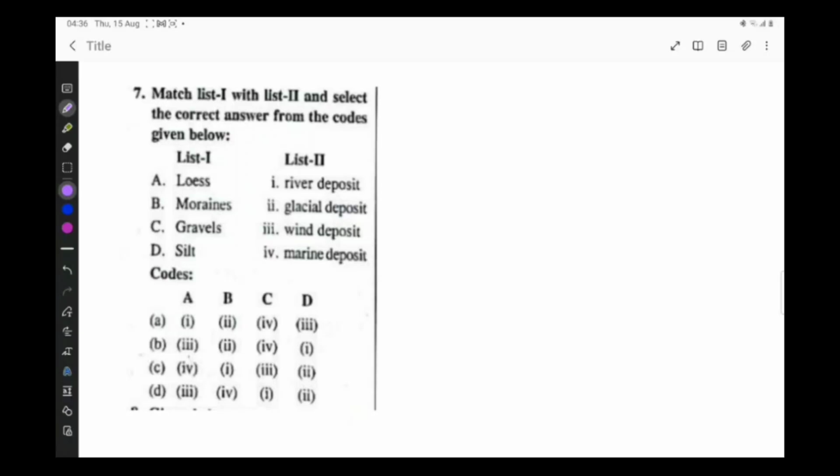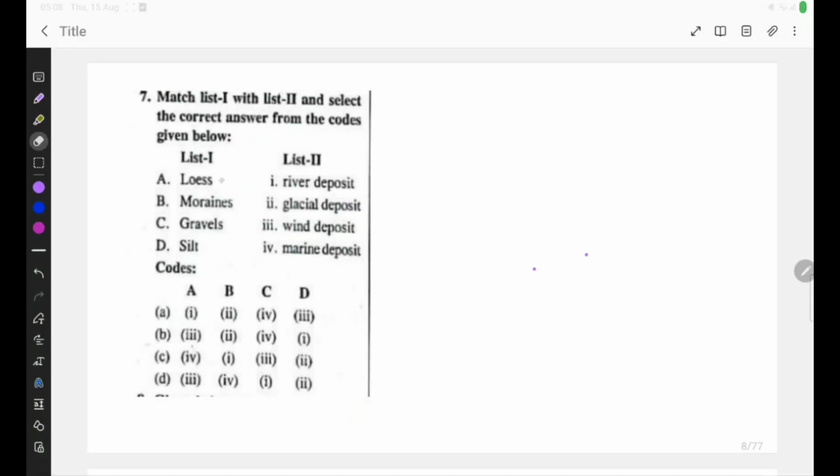Loess, moraines, gravel, silts. See, moraines, loess are wind deposits, moraines are glacial deposits, and gravels are marine deposits, silt is river deposit.